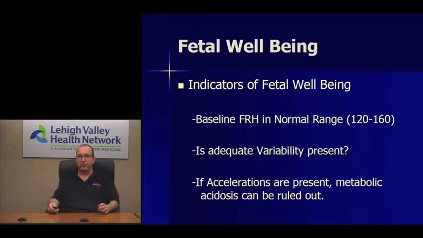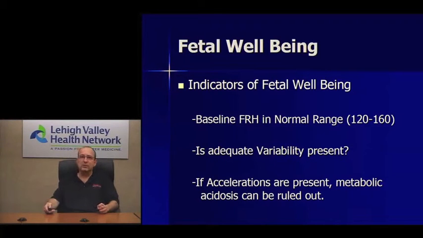Indicators for fetal well-being. Even when we're doing those quick trips from one of our own facilities to another, just a 10-minute ambulance ride with a healthy mom, the reason we're checking the fetal heart rate is we're hoping it's going to be between 120 and 160.